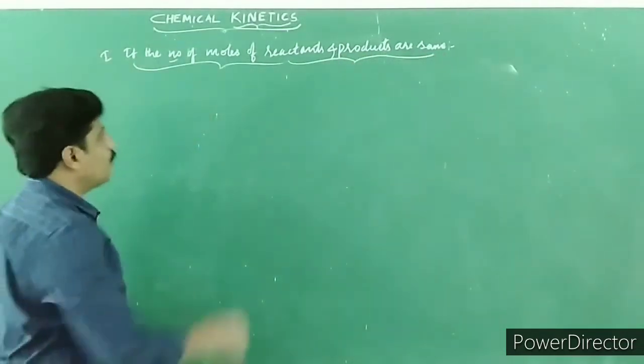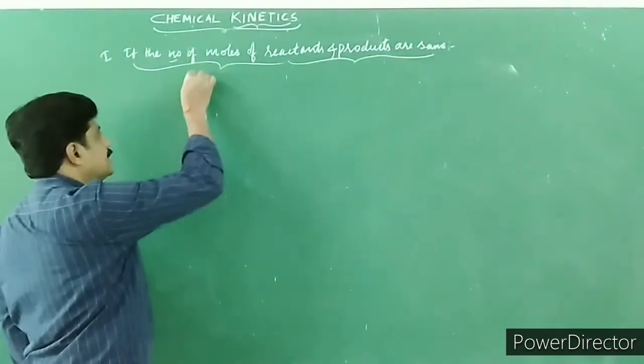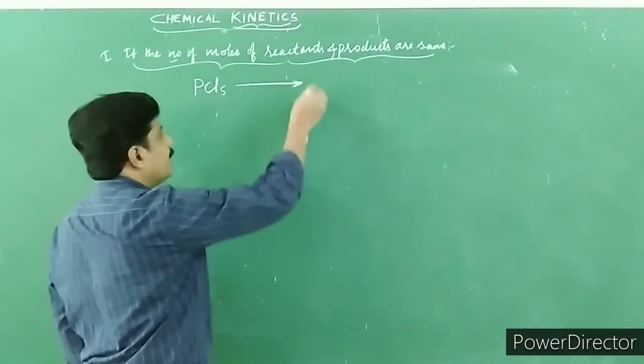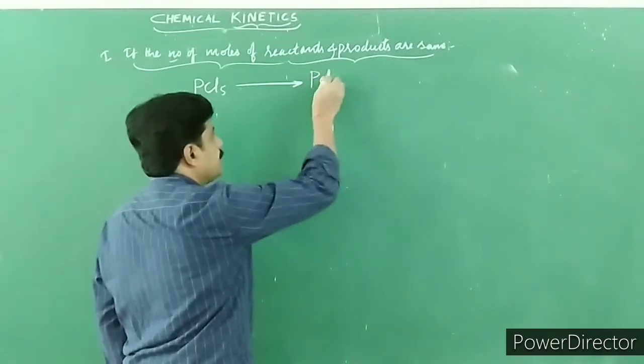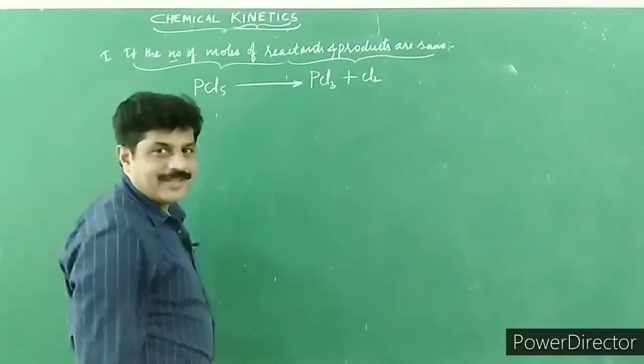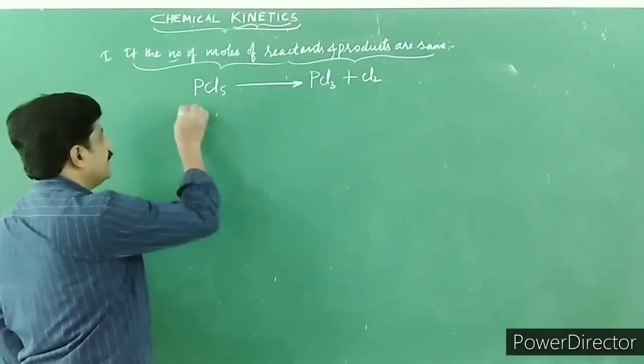For this, let me quote an example, children. Phosphorus pentachloride undergo decomposition to form phosphorus trichloride plus Cl2. How do we write rate of a reaction? Look at here.